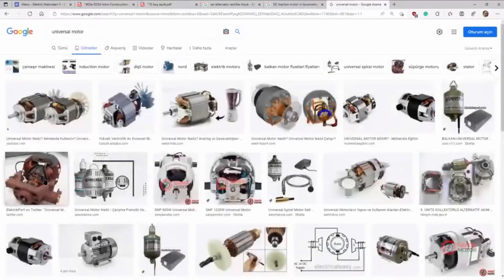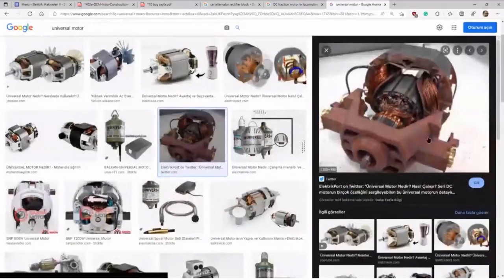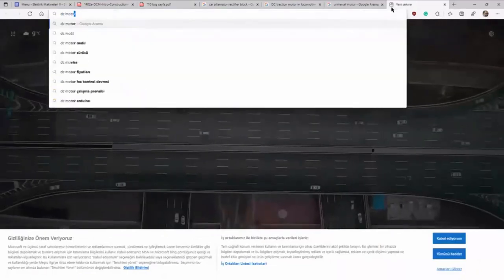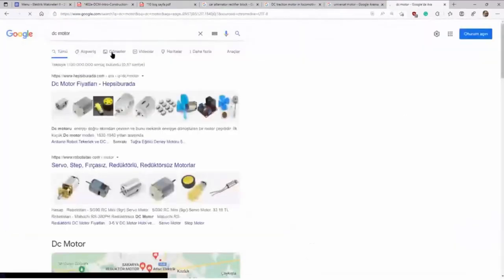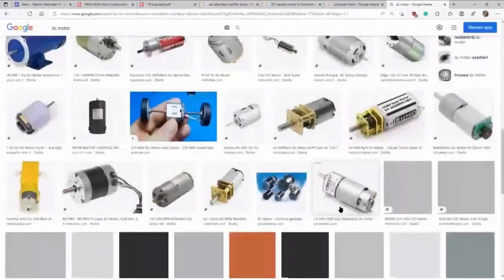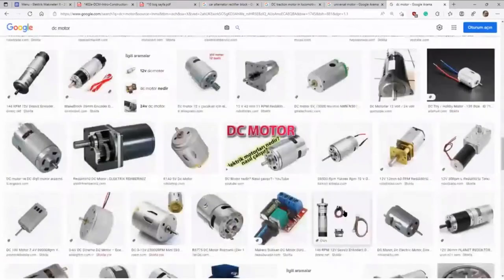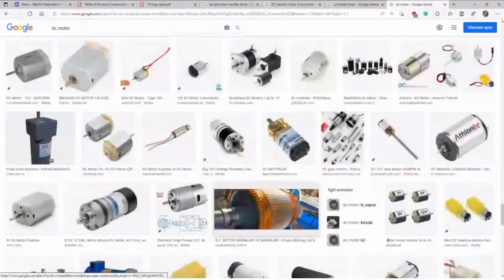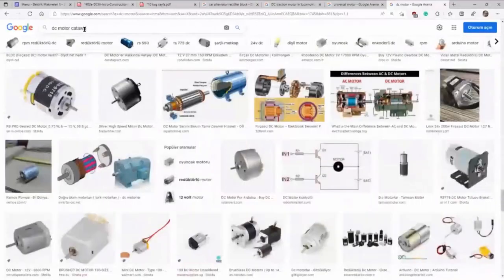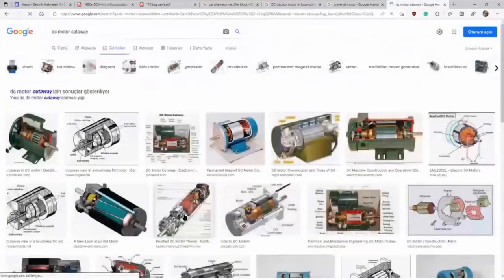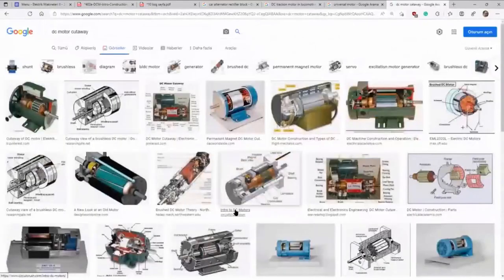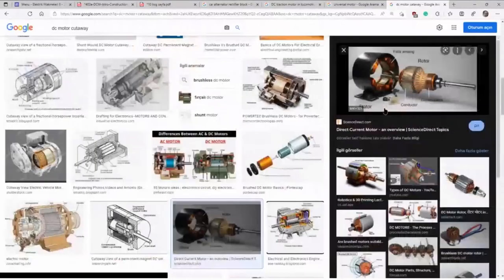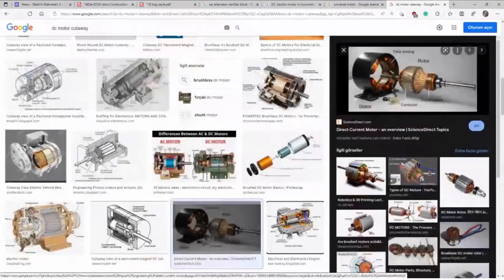Here you see a universal motor. And let's say a DC motor. Here are lots of products, but I mean the cutaway section. Okay, here it looks like the previous one.